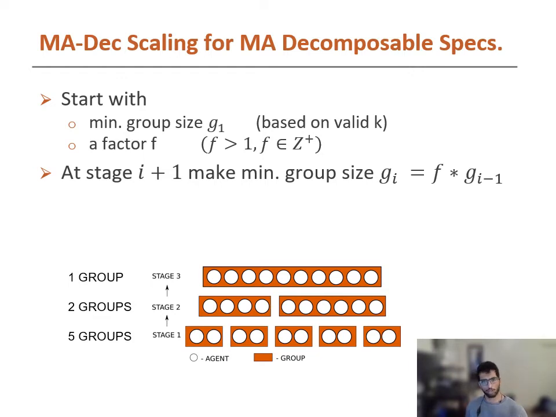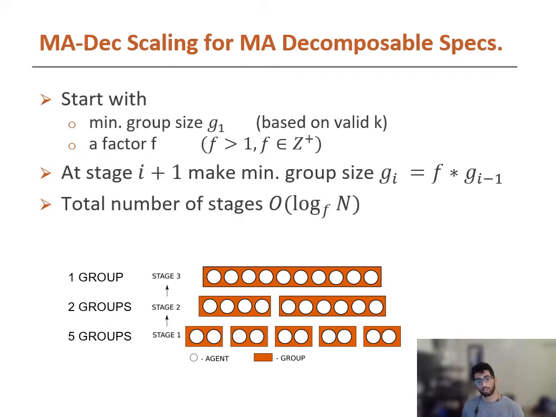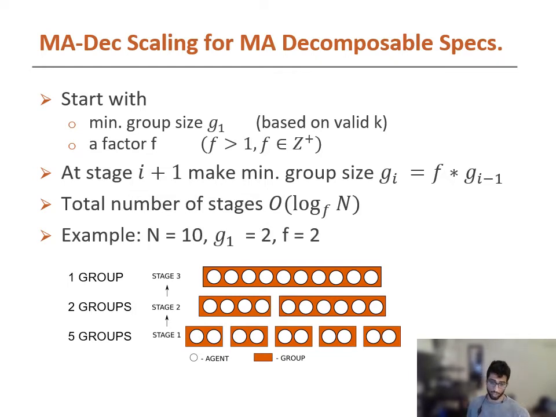And we reuse the policy parameters from the previous stage. Here the total number of stages is logarithmic in the size of n. This figure shows an example where we have 10 agents with 2 agents as the starting group size with a factor of 2. And this means there are 3 stages here.